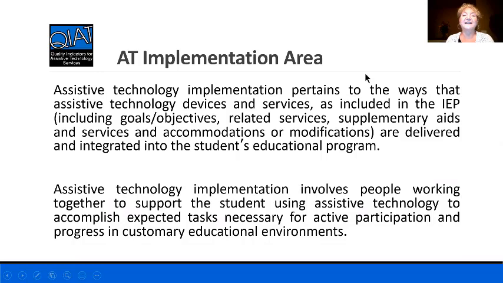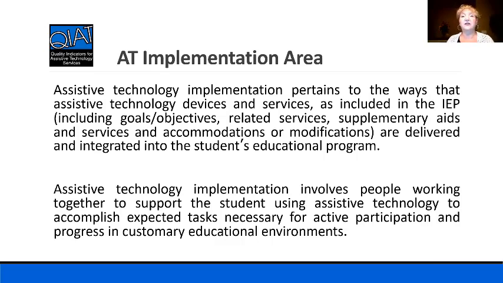When we look at assistive technology implementation, we're talking about all the ways that we implement assistive technology: apps, devices, low-tech items, all of the things that we refer to as assistive technology, as well as the services that we provide around implementation.